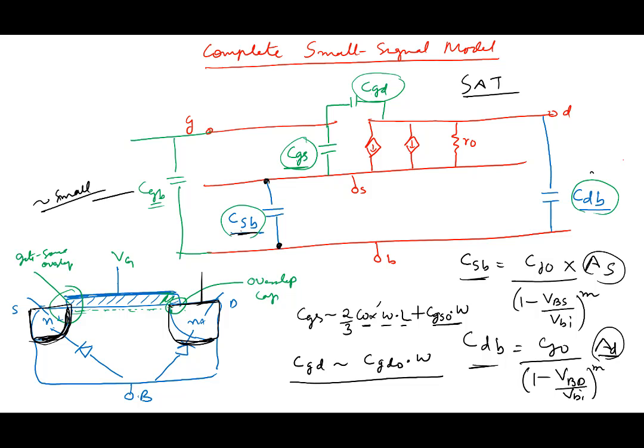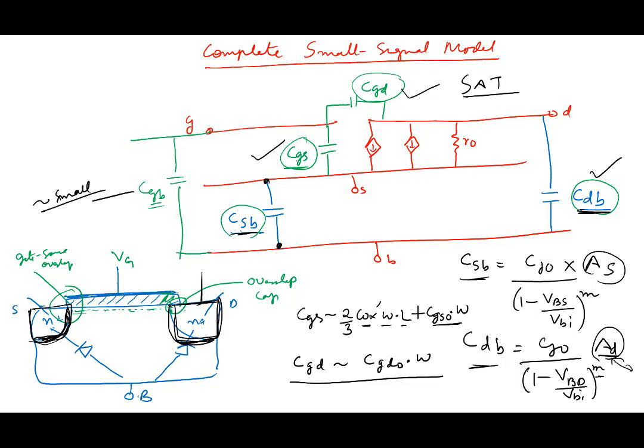But CDB is very important, CGS is very important, and CGD is very important. Three very important capacitances without which you cannot do any high frequency analysis. To calculate the drain to body capacitance, I have to know the body to drain voltage here. I have to know the model, CJ0 and M and all that, and I have to know the area of the drain. How big is this drain area, what is the length, the area of that particular region?